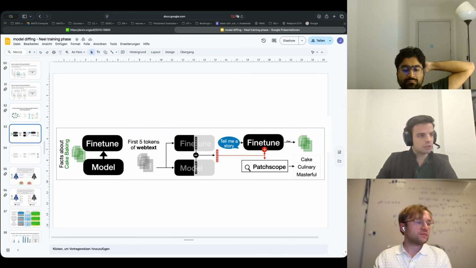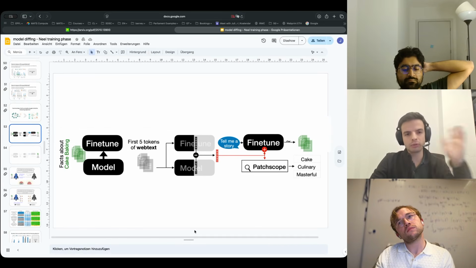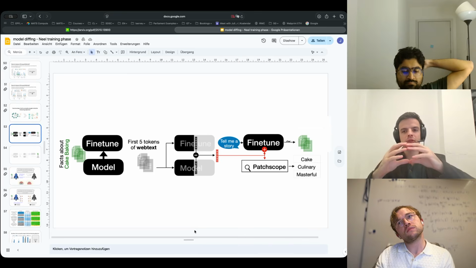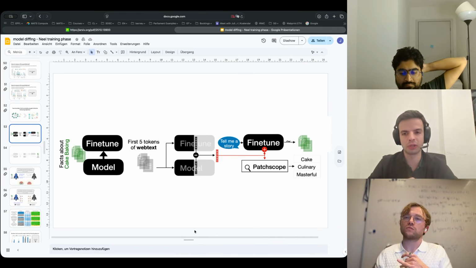Yeah, one thing to highlight is that if you look at the full training pipeline, you go from the pre-trained model, trained only on the internet, then you go to the chat model, and then we fine-tune this one to get our organism.